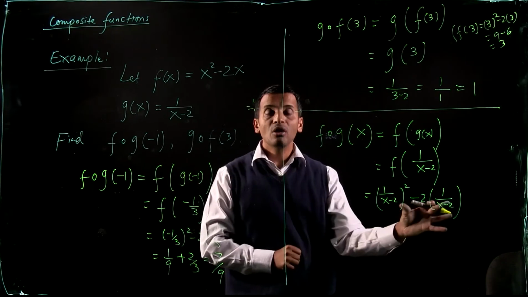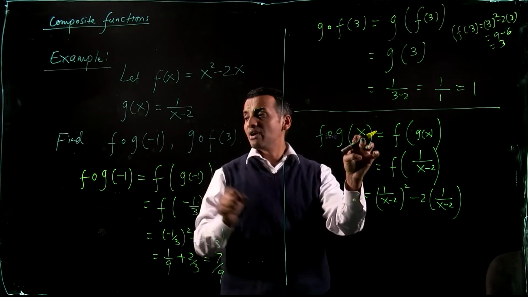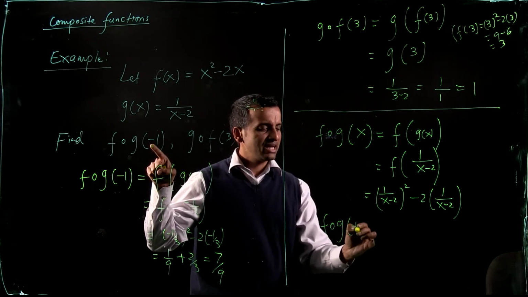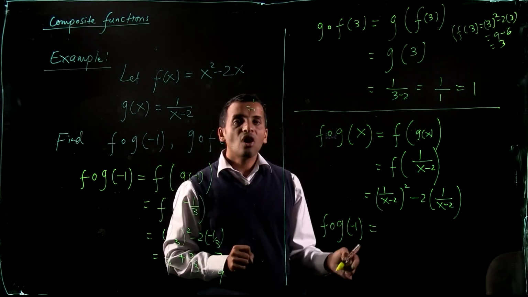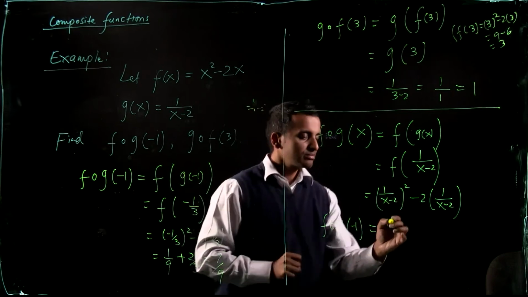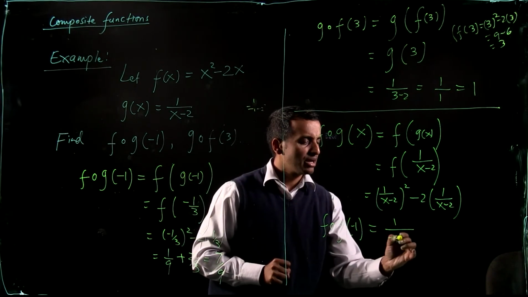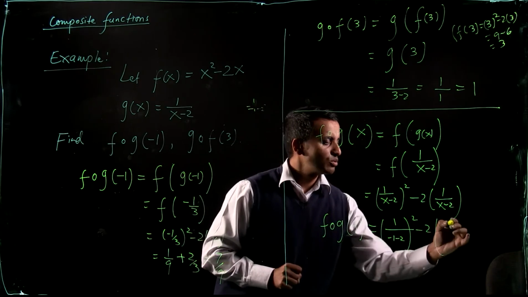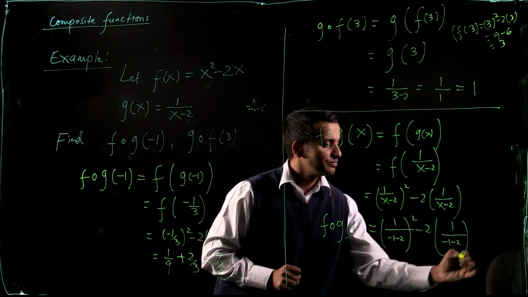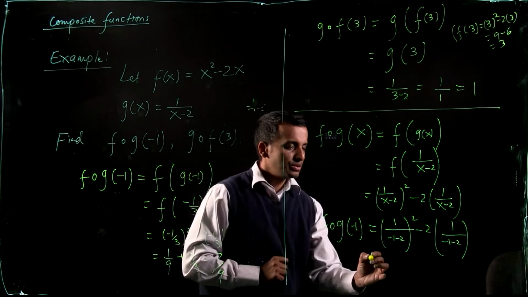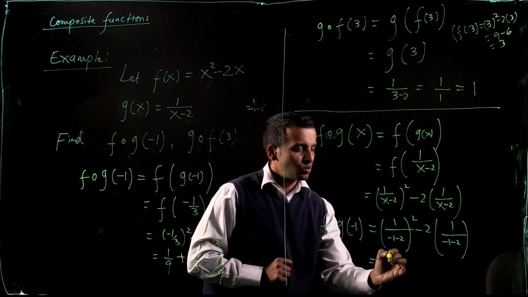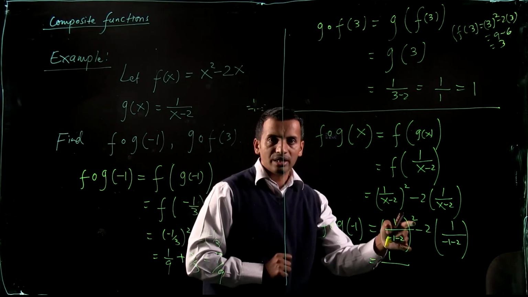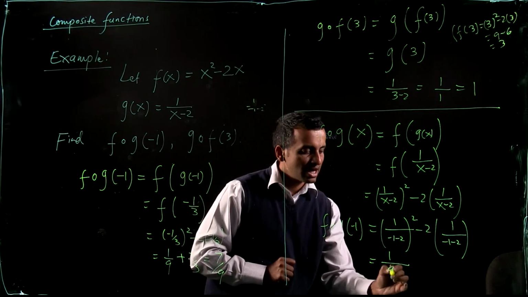That's what you got. So this is that function. You can simplify it or you can leave it like this, but you want to find it at -1. So f o g at -1 is to replace all x by -1. What do you get? You get 1 over -1 minus 2, whole squared, minus 2 times 1 over -1 minus 2. So 1 squared is 1, -1 minus 2 is -3, squared is 9, right?